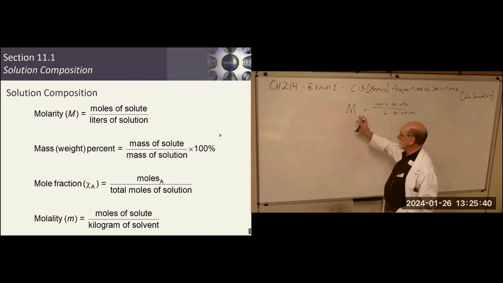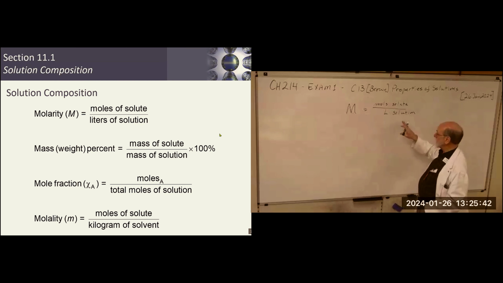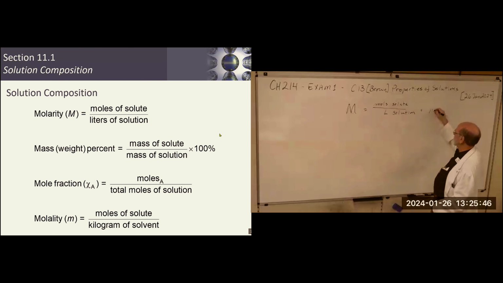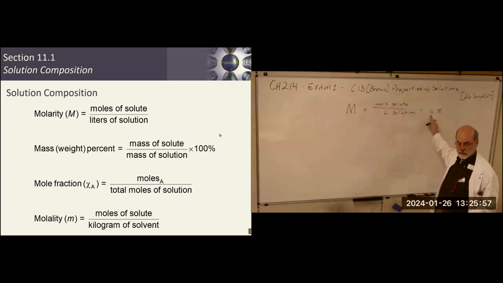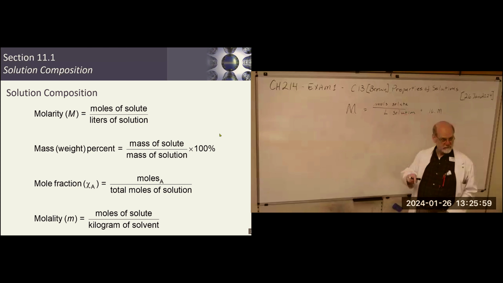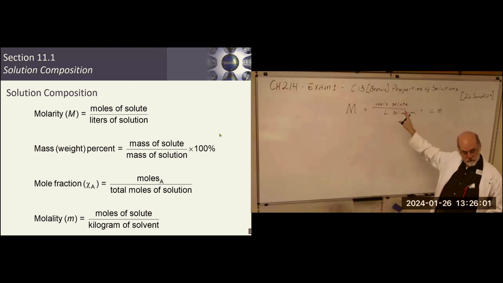Now, this is great to use. If I have a solution that I say is exactly 10 molar, that means if I pull out a liter from a larger barrel of the stuff, then I know that I actually have 10 moles of the solute. That's the power of this method.